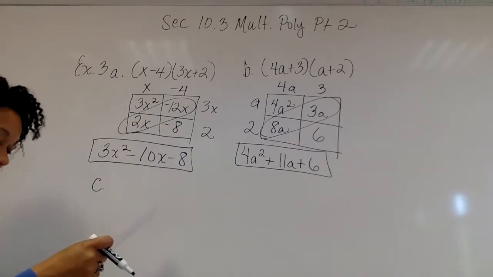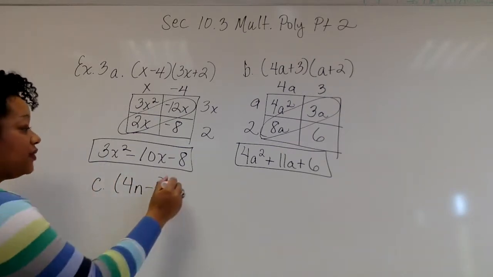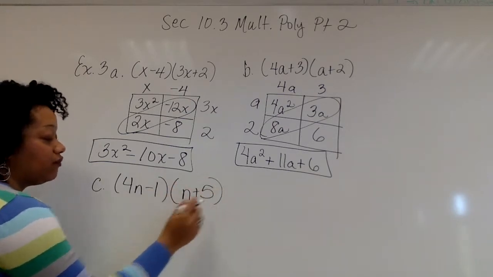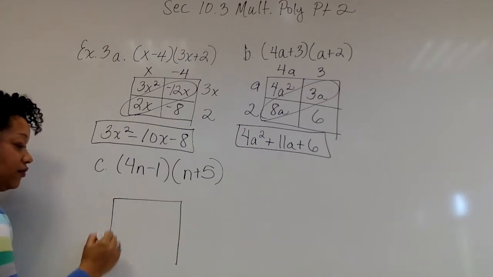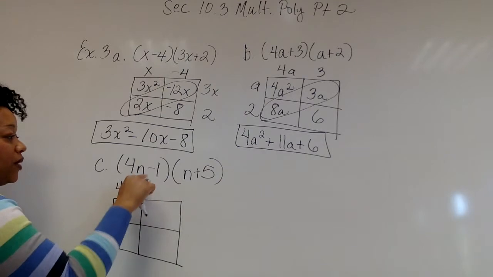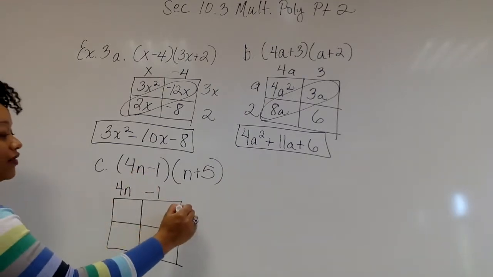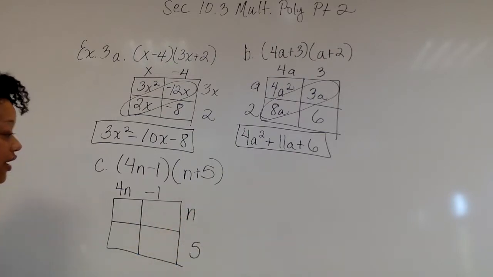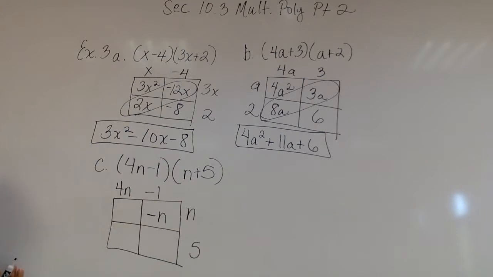All right, let's do one more before my time runs out. Letter C, I got 4n minus 1 times n plus 5. All right, go ahead. You start it. Set up your box. Put your terms on the outside. Remember, that's a negative 1, so you got to show it's negative in your box. Positive n plus 5. I'm just going to the other side now. And now let's multiply. n times negative 1 is negative n. n times 4n is 4n squared.